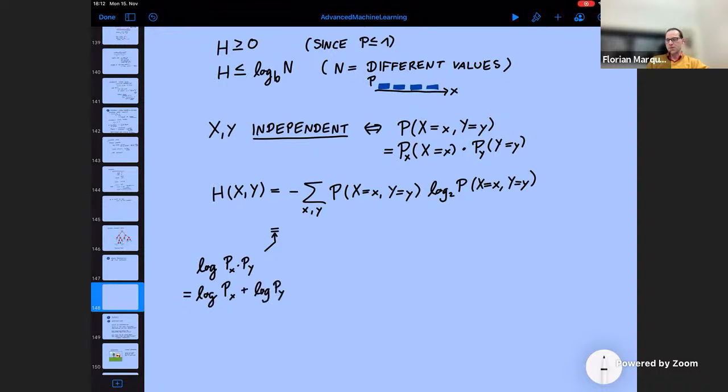And so once you insert that and work it out in a few lines, you find immediately that what you get is the sum of the entropies. So for two independent random variables, you can just sum the entropies, and then you get the entropy of the joint distribution of both random variables.